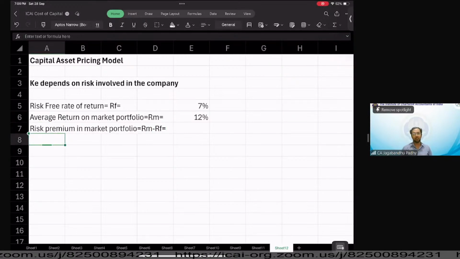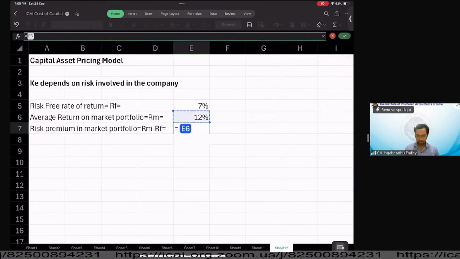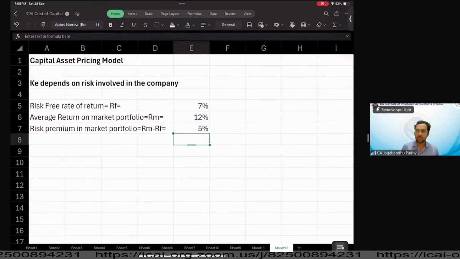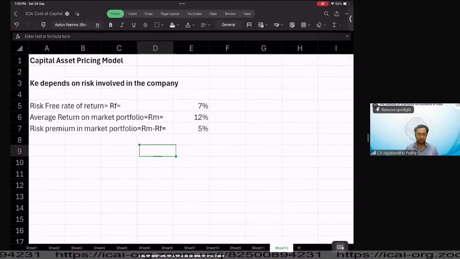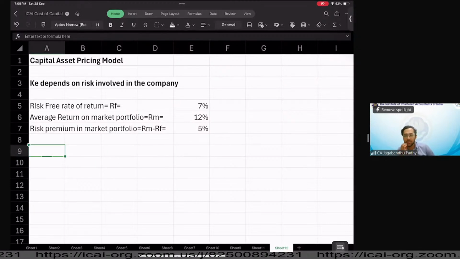The risk premium in the market portfolio is RM minus RF, which is 5%.